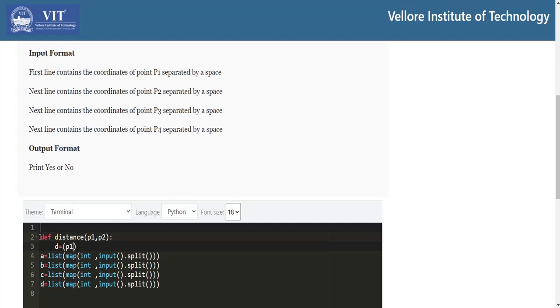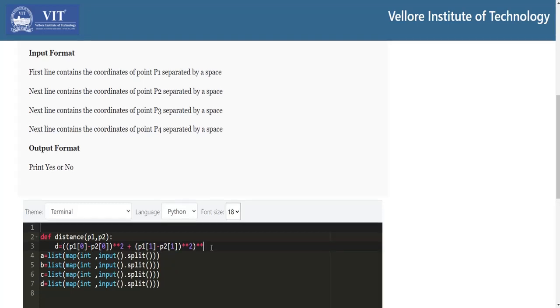p1 x coordinate minus p2 x coordinate. Now we have to find their whole squares, and we have to repeat the same task for the y coordinate also: p1 y coordinate minus p2 y coordinate, and after that we sum it up.